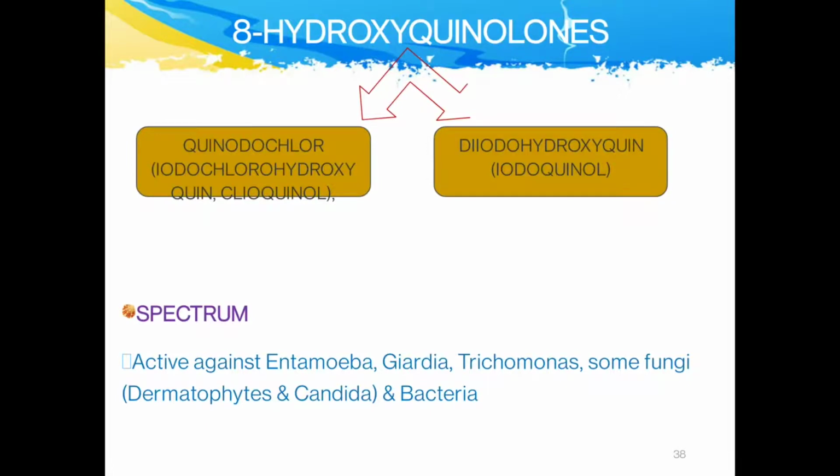8-hydroxyquinolines. It is divided into two types, that is quinodochlor and diiodohydroxyquine, iodoquinol. These names are very difficult to pronounce, but if we keep going, I hope one day we will pronounce them very well. I can also pronounce this with a little bit of difficulty, but I will continue.